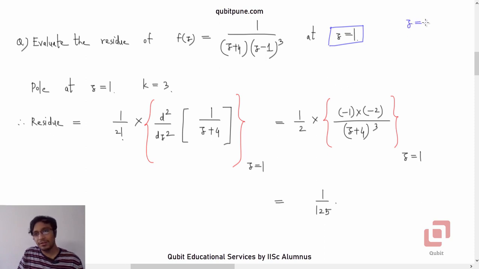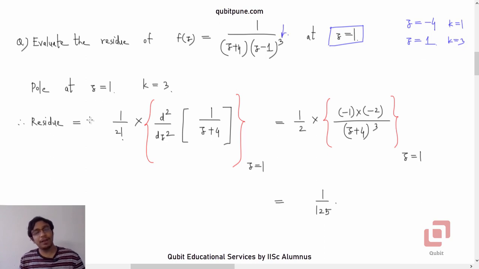The first one is at negative 4 and the second one is at positive 1. Due to the first power of z plus 4 in the denominator, k is going to be 1 for z equal to minus 4, and k will be equal to 3 for z equal to 1, because of the third power.